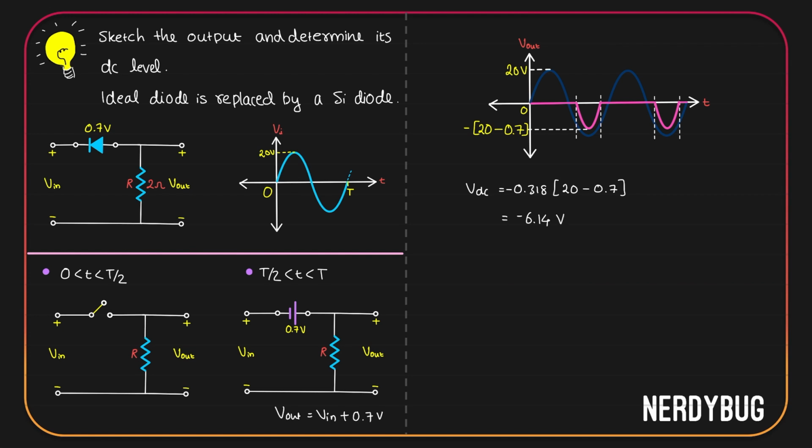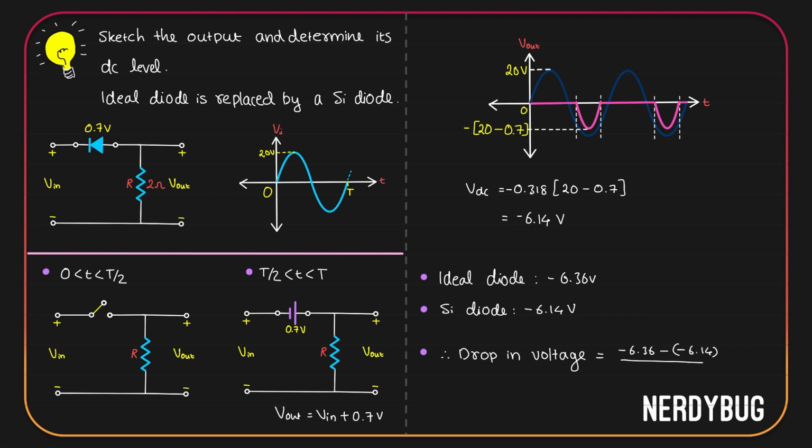Let us compare this with what we got before. For an ideal diode, we got minus 6.36 volt. For a practical silicon diode, we got minus 6.14 volt. Therefore, if we calculate the drop in voltage, we get minus 6.36 minus minus 6.14 divided by the original value minus 6.36.